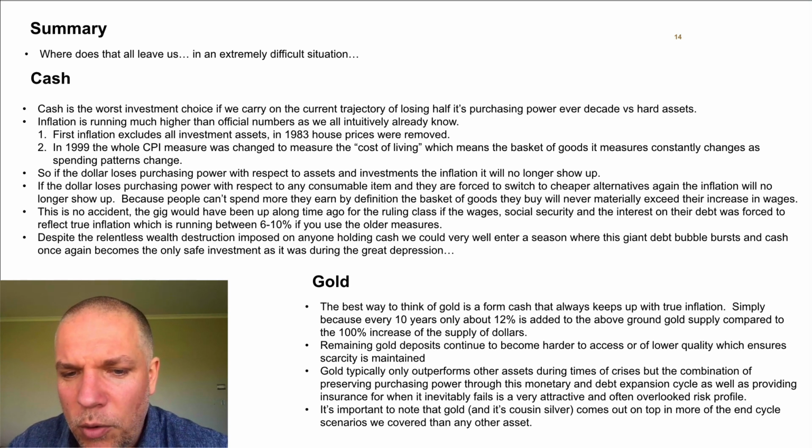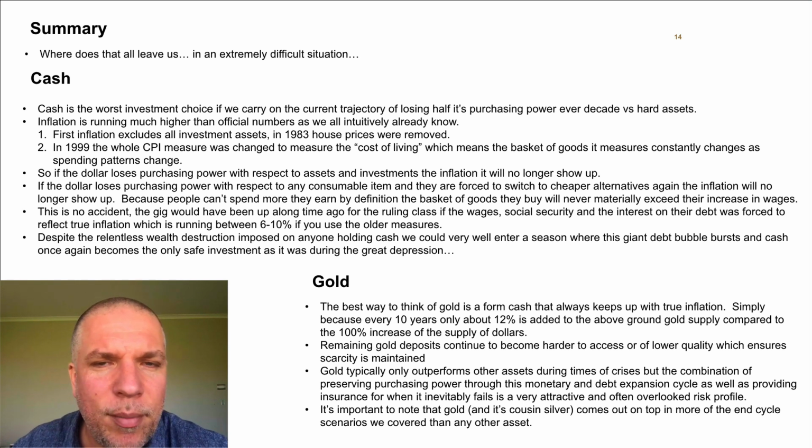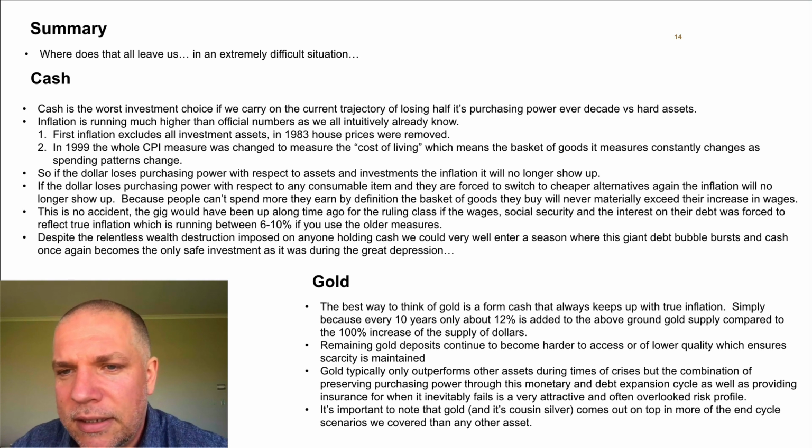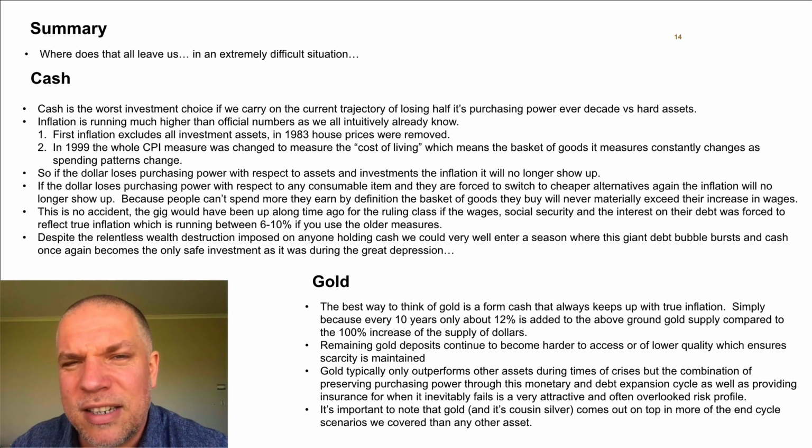So, gold. Why is gold valuable? Well, as cash is doubling in quantity every 10 years, and potentially is going to be devalued much more if debt becomes unsustainable, gold doesn't increase in supply even near as much.